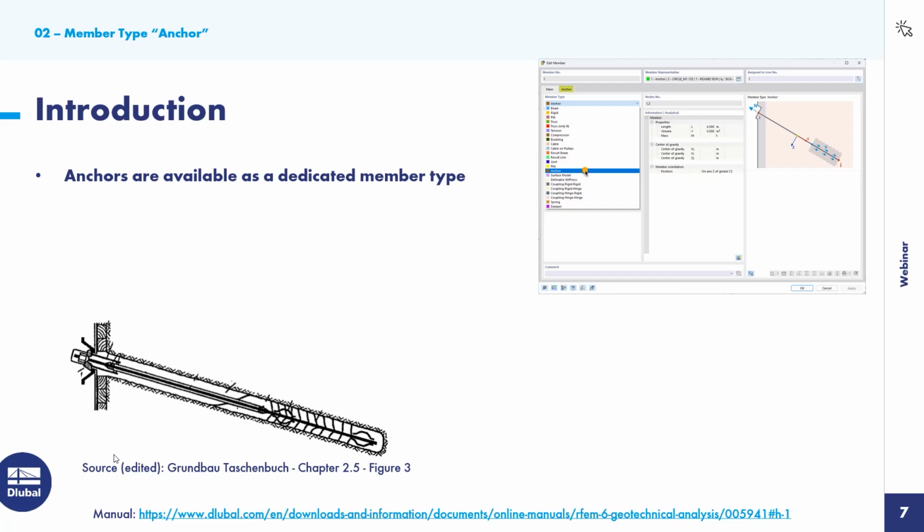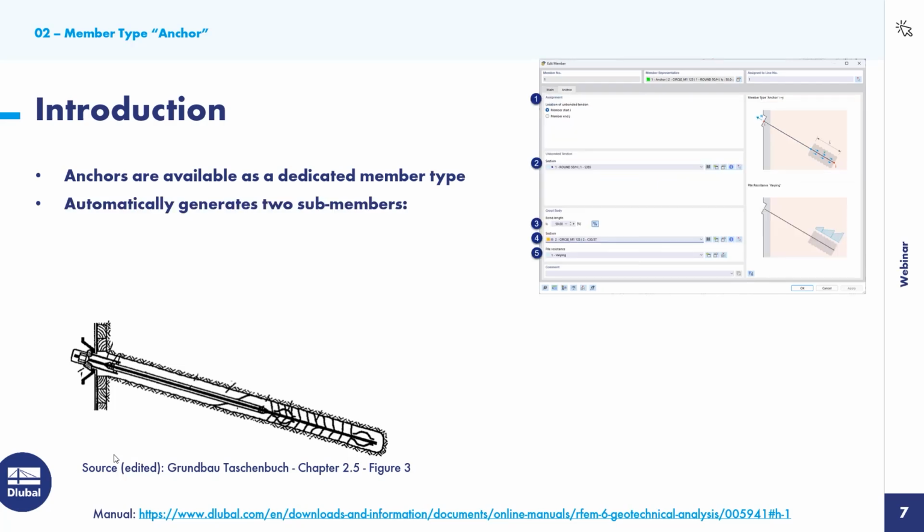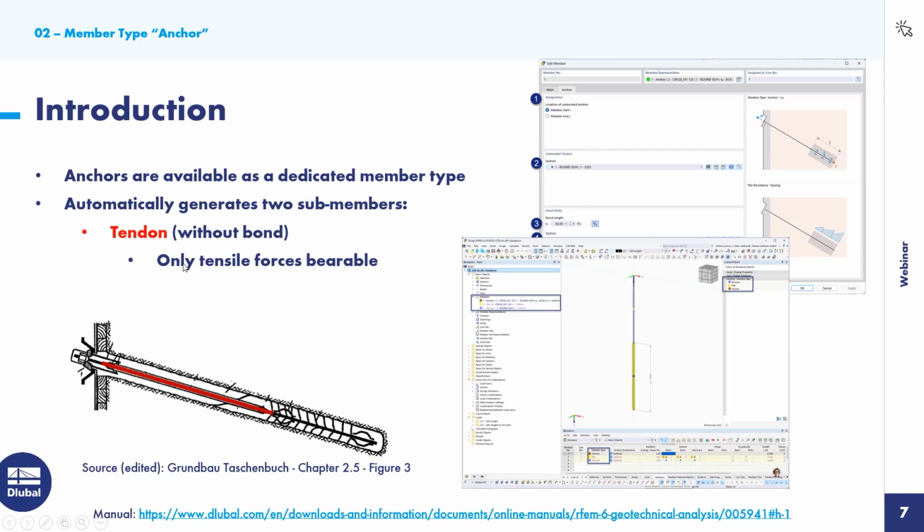They can be selected by the Add Member menu and automatically generate 2 new sub-members. This is first a tendon part without bond to the soil around and can only bear tensile forces, and a grout body with bond to the soil around, which corresponds to the member type pile with a pile resistance.